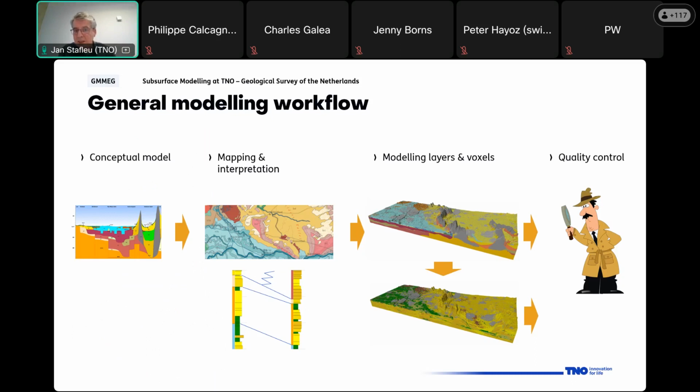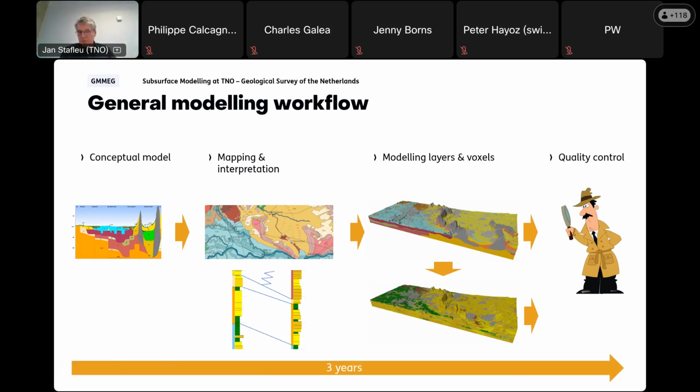We build the layer-based model, and if it is GeoTOP, we will also fill the voxels with lithological classes and other attributes. And then that is the Mr. Clouseau on the right-hand side of the picture. That is the quality control. When colleagues who haven't been working in the modeling and mapping will check the model, look for strange things they don't like. And if they agree that the model is okay, then we are ready to deliver it to the public.